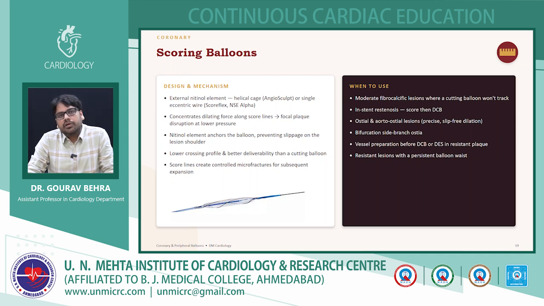So sometimes for distal lesions where you want a desired dissection, Scoreflex balloon can be used. The indications are the same as with the cutting balloon: moderate fibrotic lesions, ISRs, bifurcation side branch lesions, or when you want a desirable dissection before putting DES or DEB.